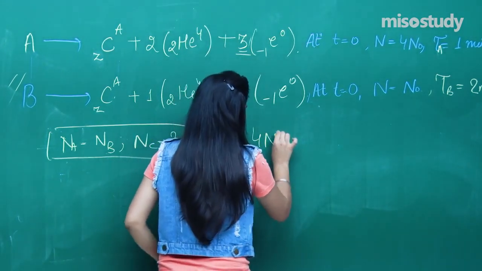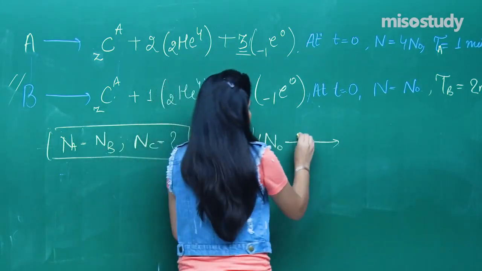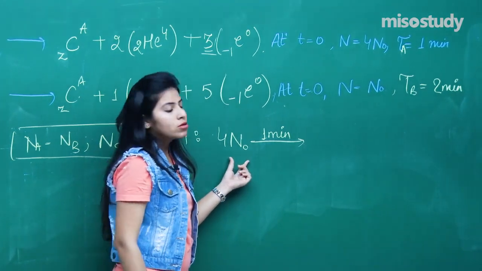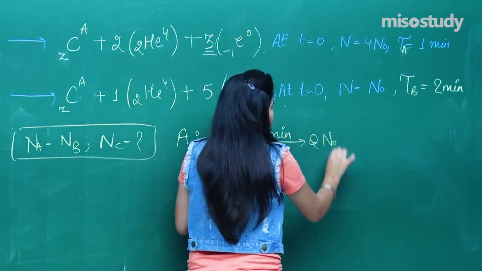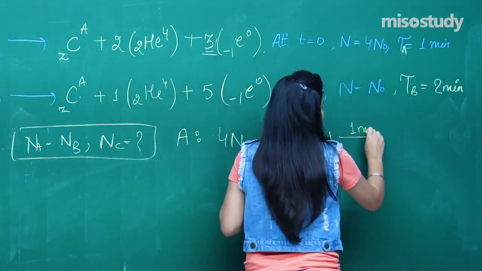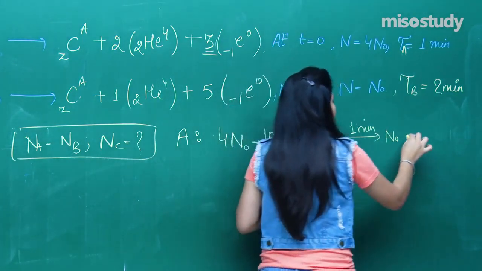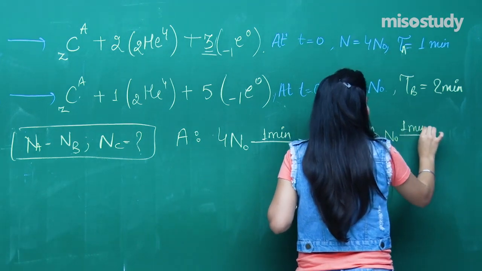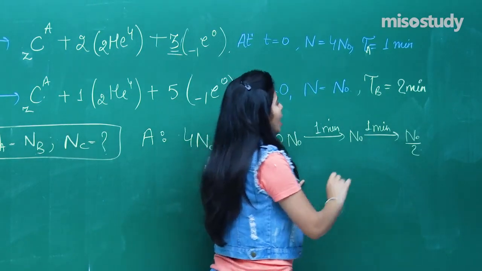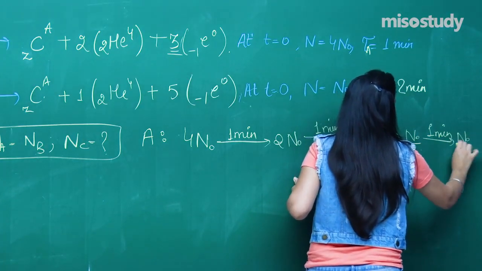After one half-life, that is 1 minute, it will become half. So that means it will be 2 N0. Again after one half-life, it would become half, so it will become N0. After again one half-life, it will become N0 by 2. And again after a half-life, it will become N0 by 4.